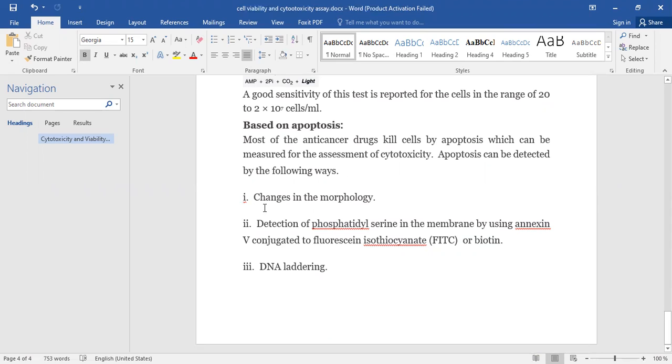The changes include changes in morphology, detection of phosphatidylserine, and DNA laddering. These changes are observed in the cells when they do not survive. So these are all the methods for the analysis of cell viability and the cell cytotoxicity test. Our lecture is over here. Thank you very much.